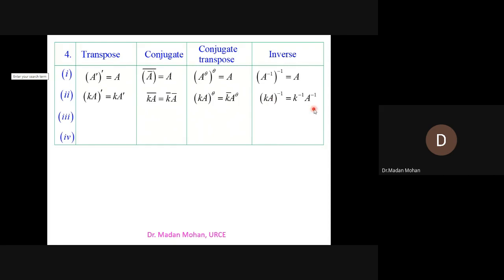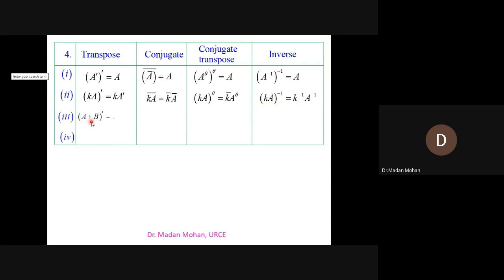Do you find the inverse again? Not required. Because of 100, 200, 300, 400, you just take 100 common. It's not a determinant, please. From all the entries, take 100 common. 100 into A: 100 into 1, 2 first row, 3, 4 second row. Its inverse is 100 inverse, and 100 inverse means 1 by 100. 1 by 100 into A inverse, the inverse of the matrix 1, 2, 3, 4. I think you got it. Here K inverse means 1 by K. When K is 100, K inverse is 1 by 100. It is right. Next.